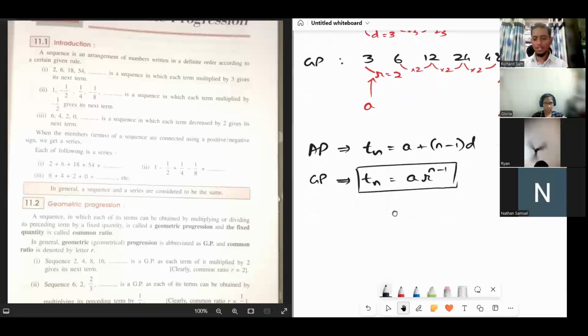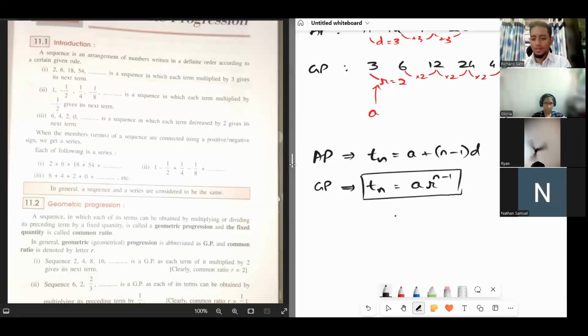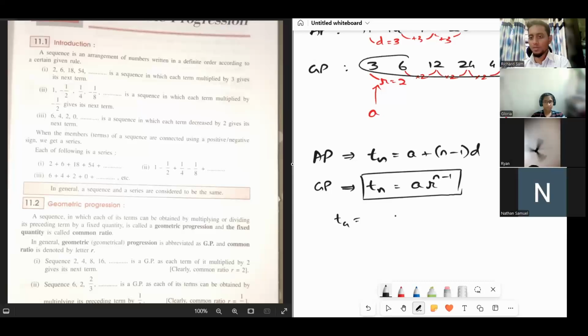So let us use the same example to find some term. Let's find the fourth term. Our aim is to find T4. So what's the formula to find T4? Put the values. We're using the same GP as our example.